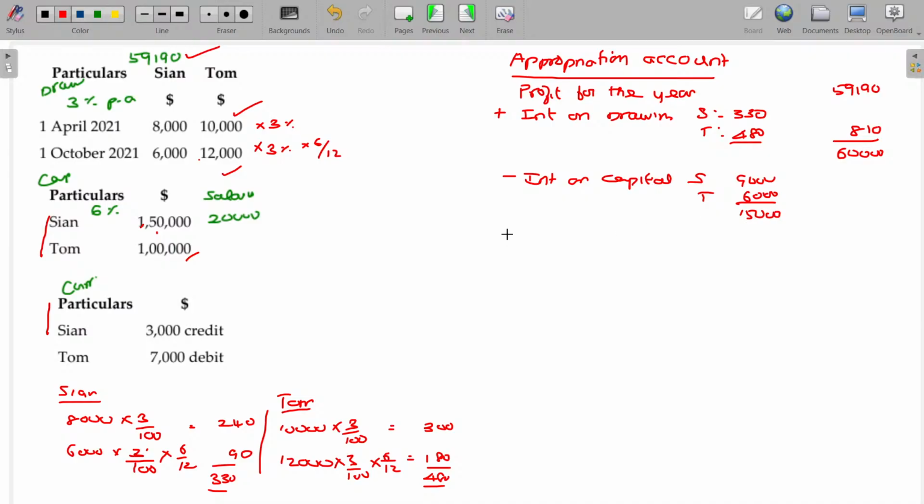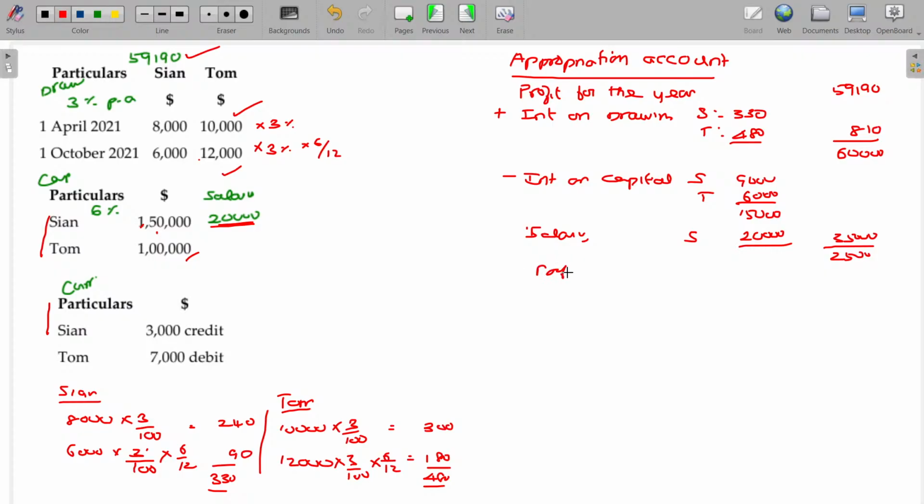And then salary to Sian, 20,000. That totals 35,000. If I subtract 35,000, then 25,000 is the profit for the year to be shared.